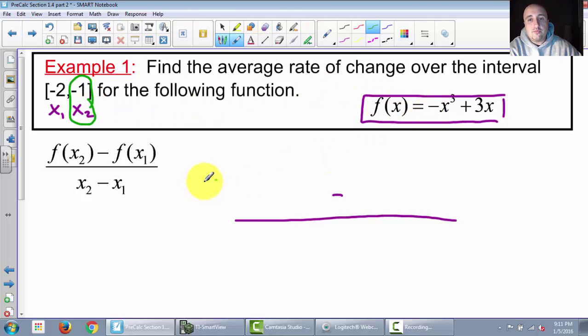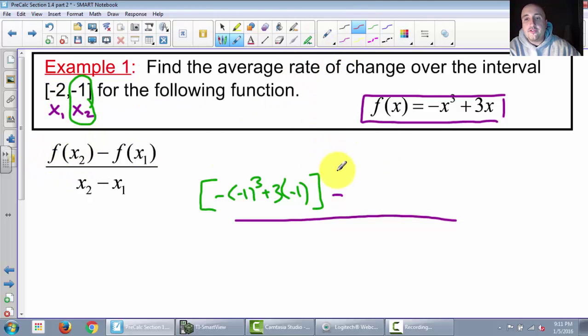I'm going to put some brackets here. I'm plugging negative 1 everywhere I see an x, so negative 1 cubed plus 3 times negative 1. There's f of x2. Now I'm going to do the other side. This side says f of x1, and our x1 happens to be negative 2.